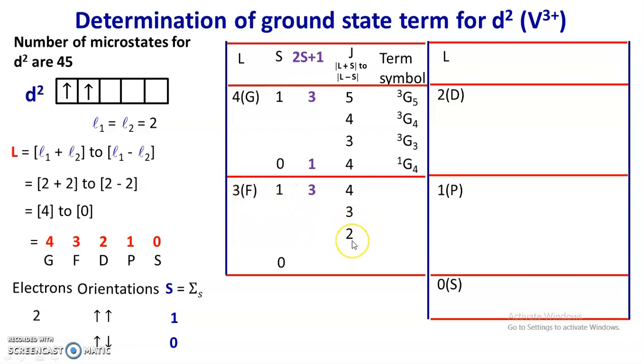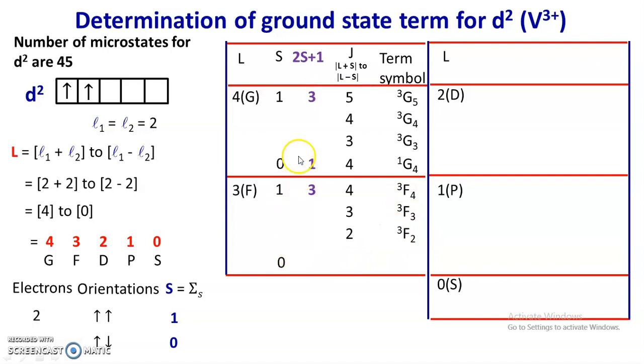So 4 to 2, that is 4, 3, 2. And these are the corresponding term symbols, 3F4, 3F3, and 3F2. So 3 is the multiplicity, 4, 3, 2 are the J values, and F is the state symbol, that is F.